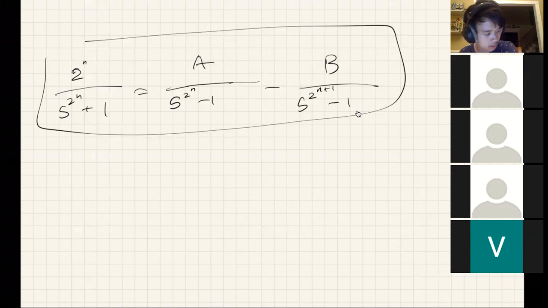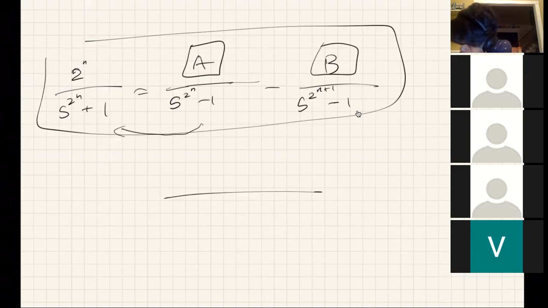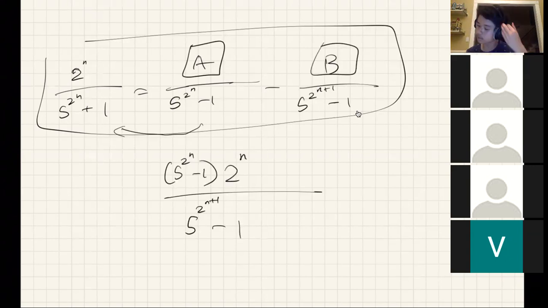So what we want to do is choose our A and B in such a way that when we add our fractions together, we're going to end up with something that looks a little bit like this, and something like this, okay?